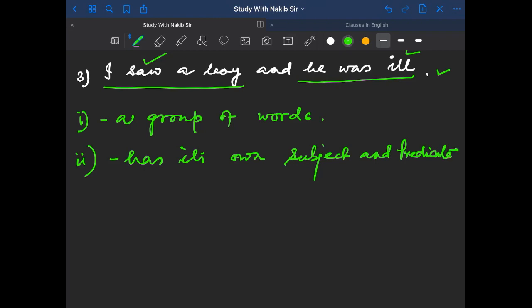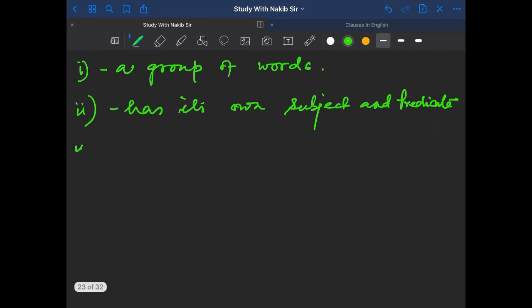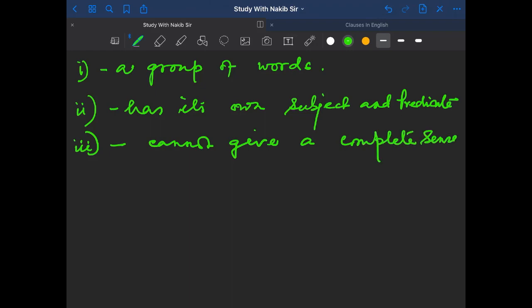And number 3, the important part, a clause cannot give a complete sense.